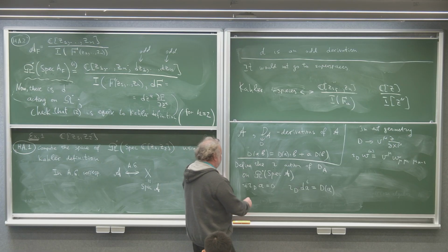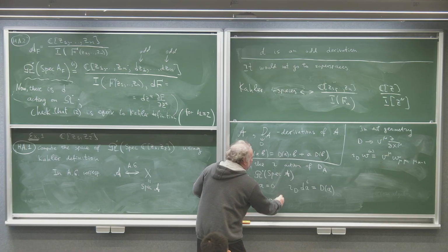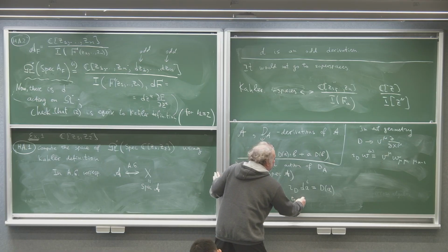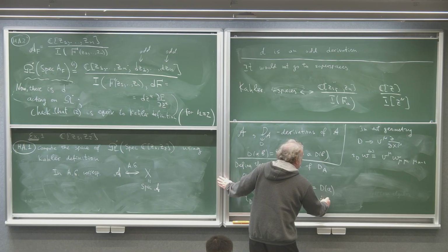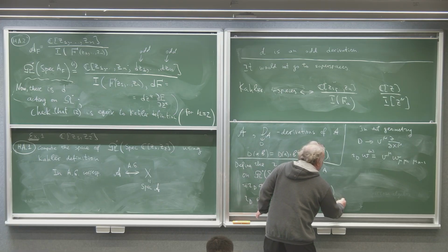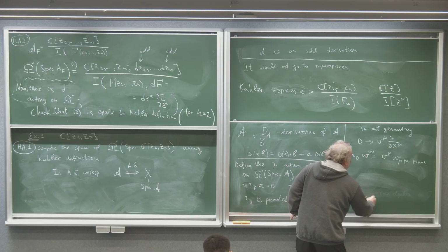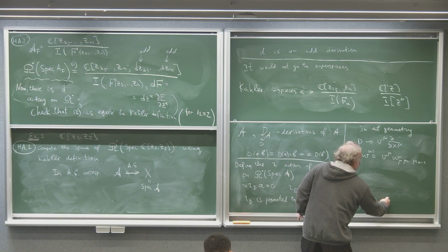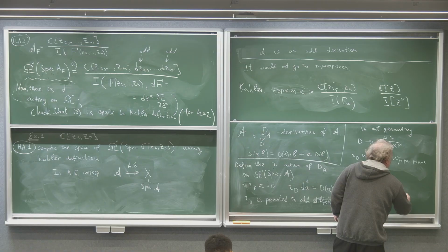And we will say, look, iota_v is a derivation, or differentiation, of the supercommutative algebra.